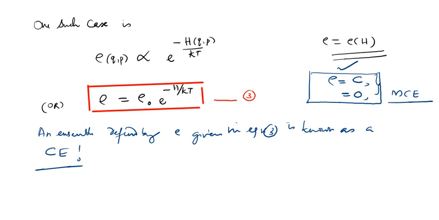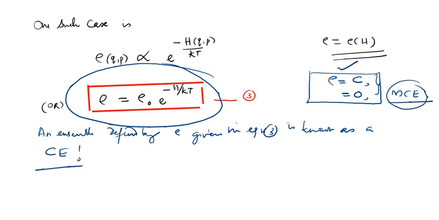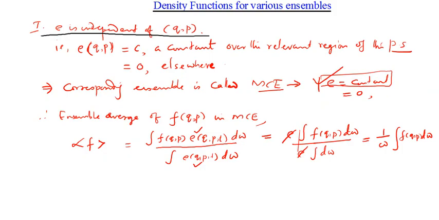And if the density function of the system in equilibrium is given by equation 3, then such an ensemble is known as a canonical ensemble. So the density functions for the microcanonical and canonical ensembles are entirely different, and that is what we have to remember.